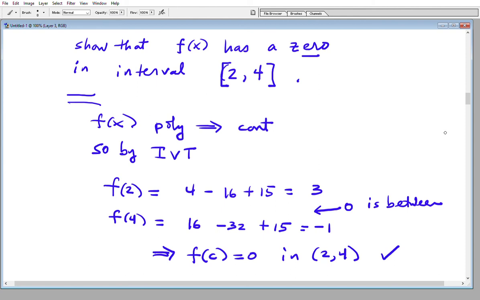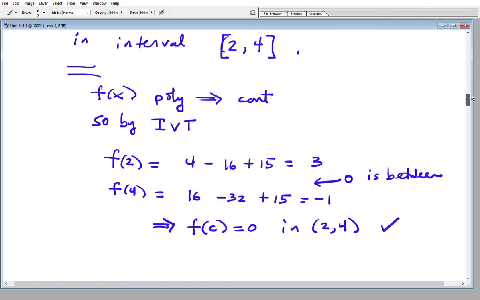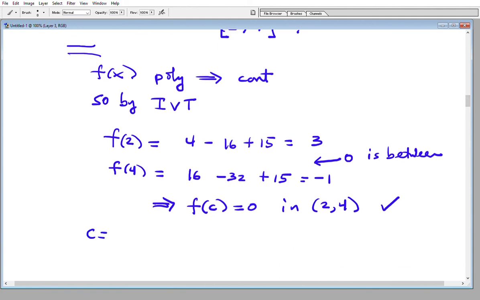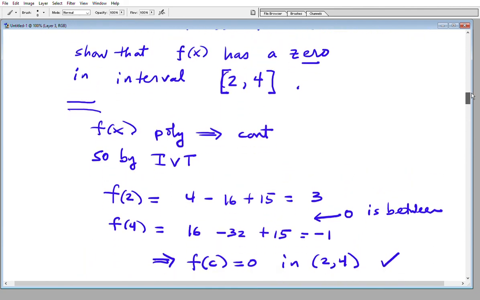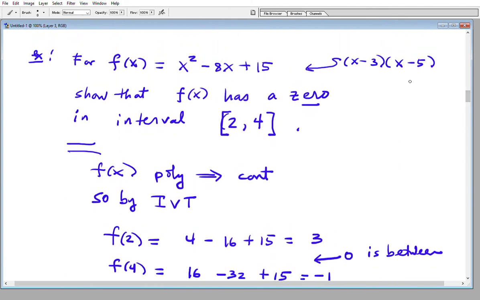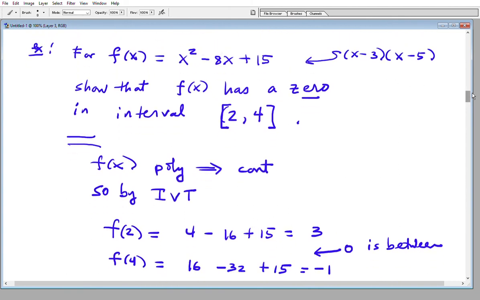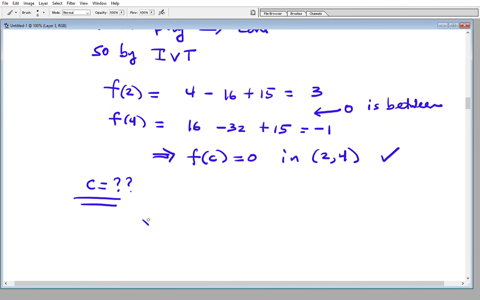Now if you want to know what c is equal to, this time we can do it without the quadratic formula. That's why I wanted to pick an easier one. When is x squared minus 8x plus 15 equal to 0?